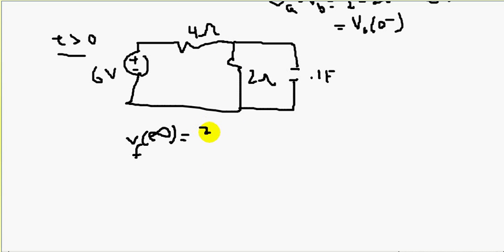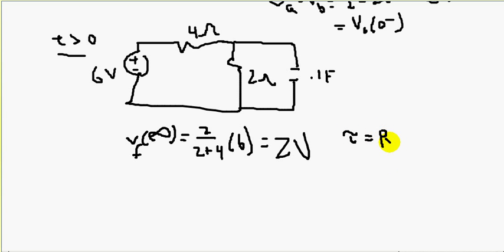So using voltage divider, our 2 ohm resistor divided by its equivalent resistance times the voltage being divided up is equal to 2 volts. Okay, and now we want to find our tau. Tau is equal to RC, R Thevenin times C.